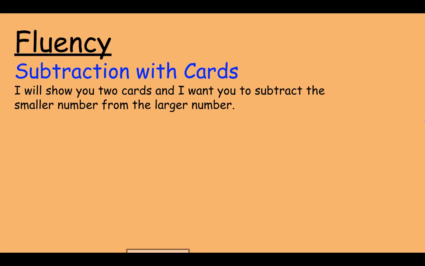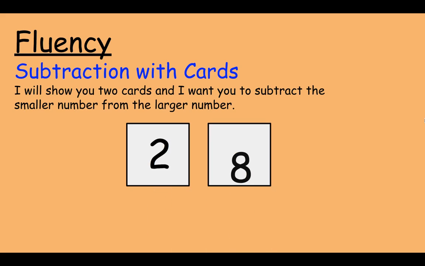So here's our next set of cards. First, you're going to find out which one is the larger number. And you're going to say that number minus the smaller number. So this should be 8 minus 2.